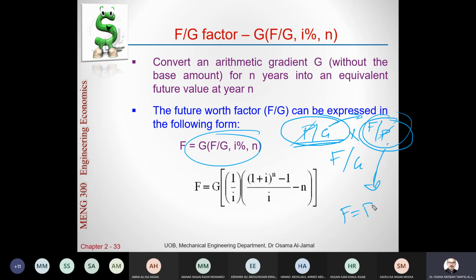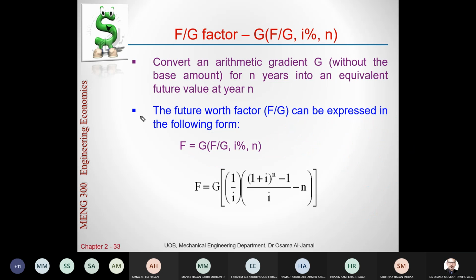F equals P times (1 plus i) to the power N. Just multiply by this part. What is that P? It is what you calculate from there. And that's how we derive this formula: we multiply P given G by F given P.